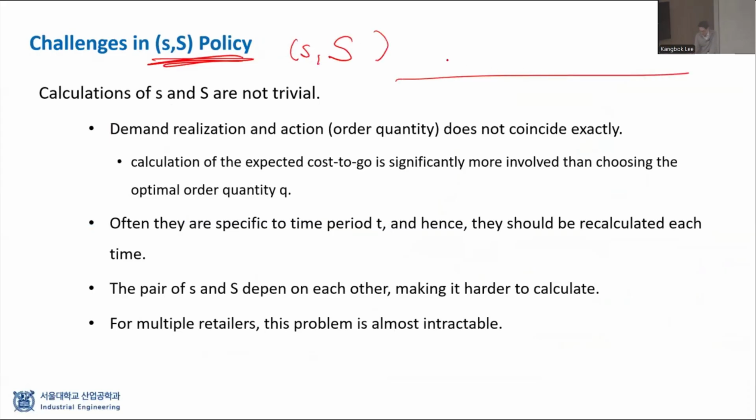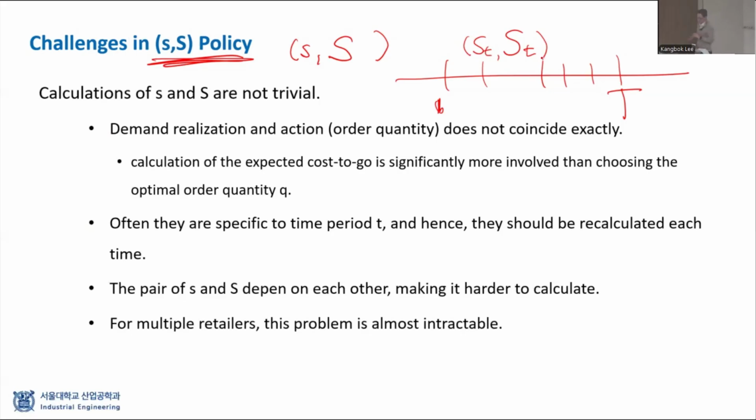Actually, for any finite horizon problem from 1 to T, you have to have small s_t and large S_t independently for each time period. So you still have a lot of calculations to find each s and S parameter for each period.